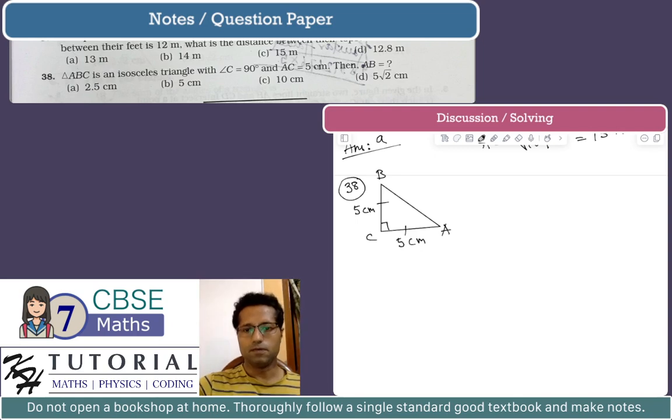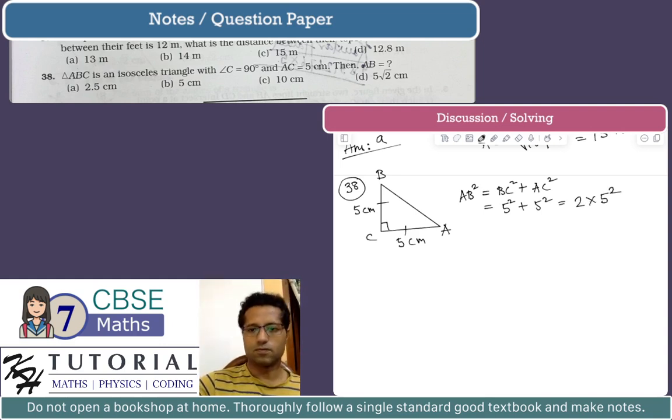Then what is AB? So we have AB square from the Pythagoras theorem. AB is the hypotenuse and BC and CA are the arms. AB square is equal to BC square plus AC square. This is equal to 5 square plus 5 square. This is equal to 2 into 5 square.